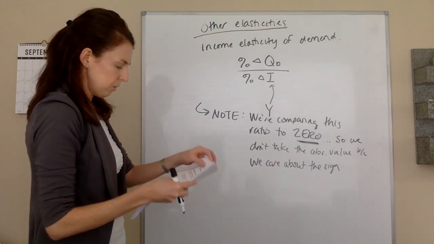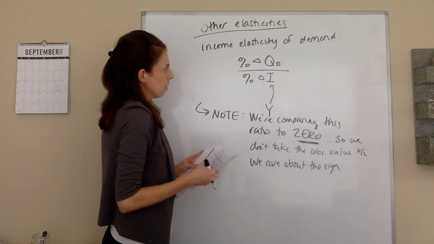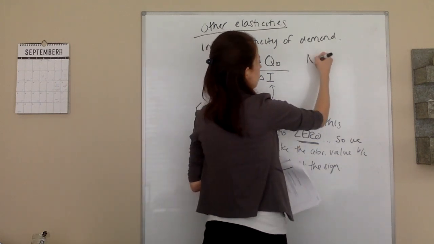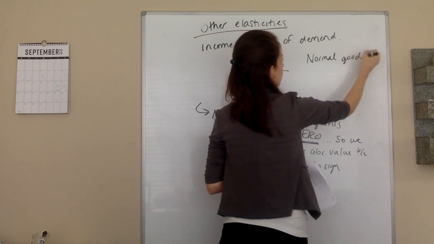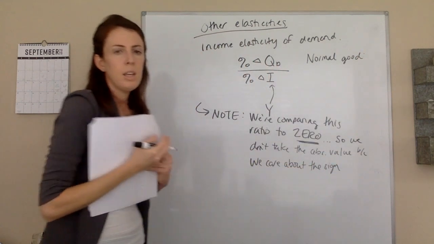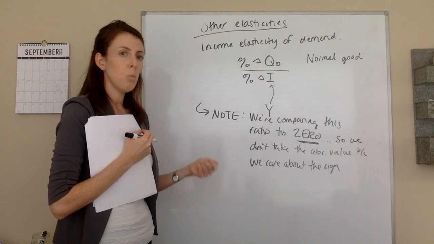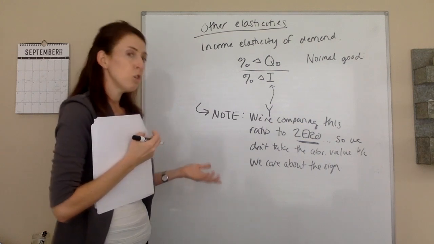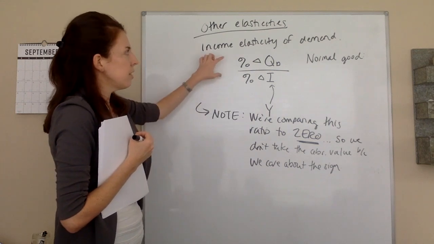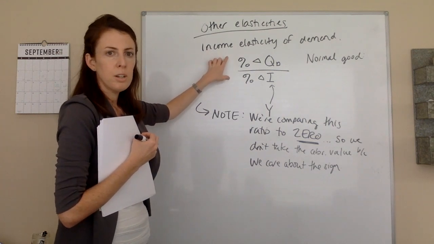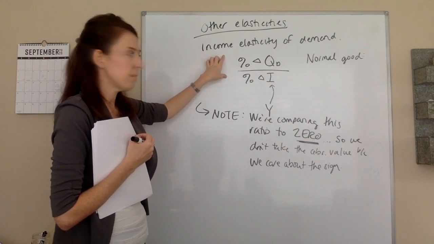Let's think about normal goods. Okay, so what is a normal good? A normal good is a good where if you give somebody more income, then they demand more units of a good. So this is true of most goods, which is why we call it normal good. So if we calculate the income elasticity of demand for a normal good, then think about whether that whole number for the elasticity would be greater than or less than 0.